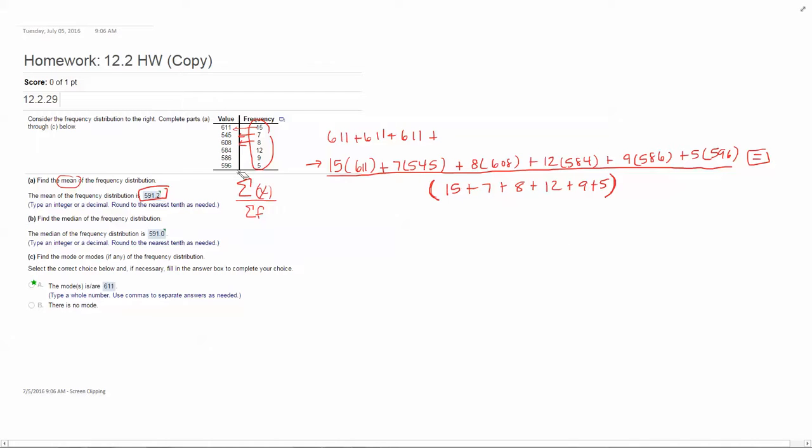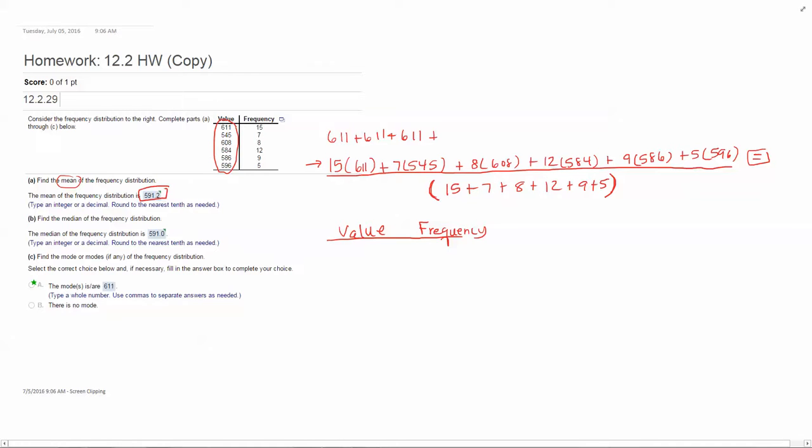To find the median, we want to know what the middle number is. When we want to find the true middle number, you have to have the numbers written in order from least to greatest. So I want to concentrate on the values first, and I want to rearrange the table so that the values are in numerical order.